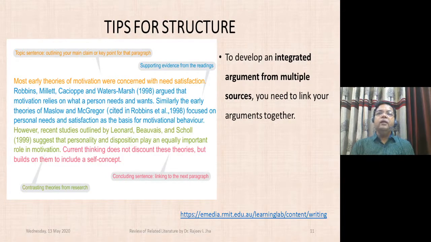We find the first one given in blue and the second one given in green, and that is a contrasting theory from research. So we can have contrasting theories in the review to develop the argument. Lastly, in the pink, we find the concluding sentence which links this particular theme or idea to the next paragraph.